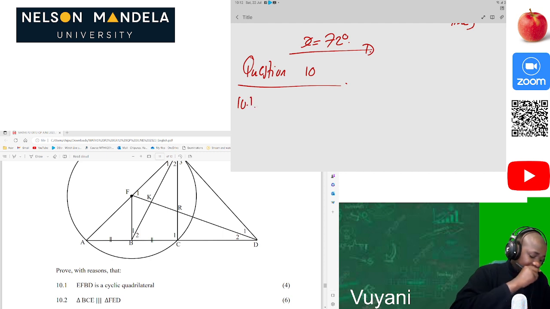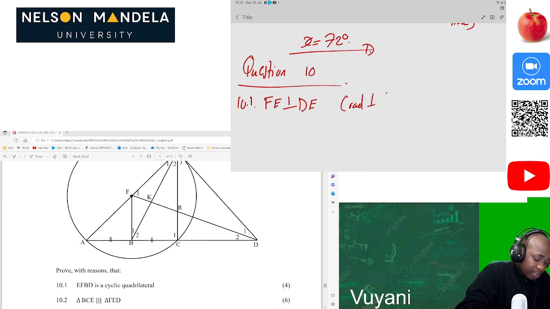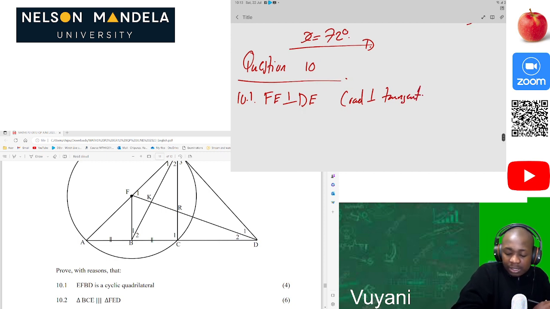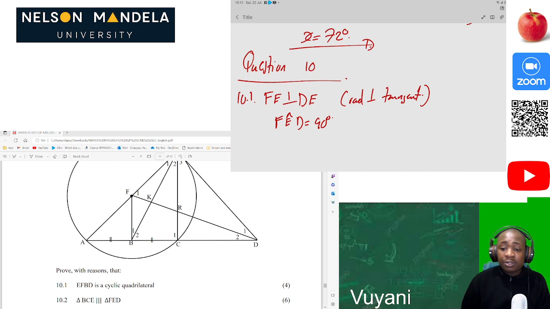10.1, we are saying that FE is perpendicular to DE, reason: radius perpendicular to the tangent. Okay, then after that, we can actually see that if that's the case, which means that angle FED is equal to 90 degrees, because when they are perpendicular lines, they form a 90 degrees angle.